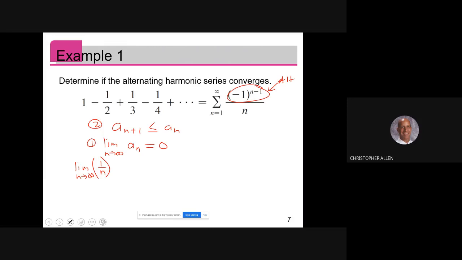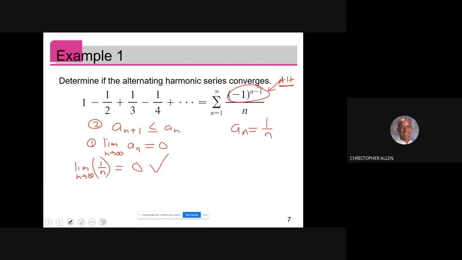That's all it's doing. A sub n in this problem is 1 over n. This up here, that's that alternator. Okay, that was easy. Clearly that goes to 0.